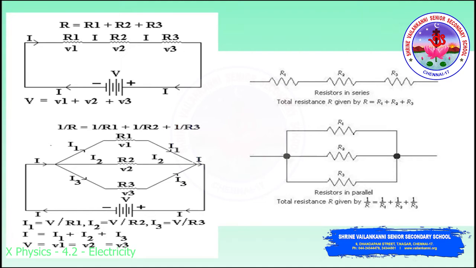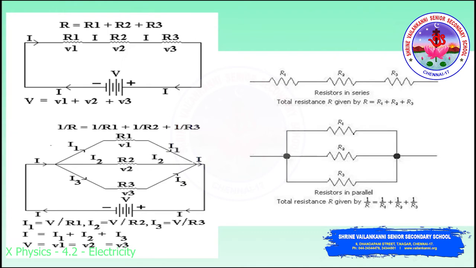If V1, V2, V3 are the values of potential difference across R1, R2, R3, then according to Ohm's law, V1 equals IR1, V2 equals IR2, V3 equals IR3. Combining all these three, V equals I into R1 plus R2 plus R3. So in series, R equals R1 plus R2 plus R3.